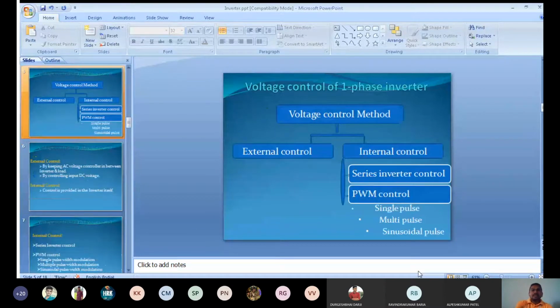Now the different methods of voltage control. We have mainly two methods: the external control method and the internal control method.